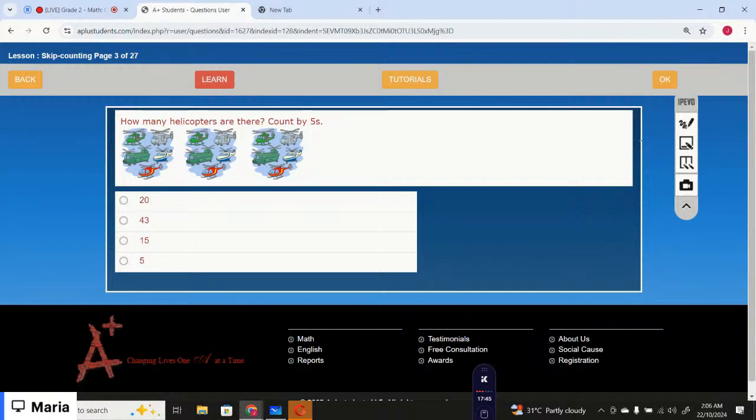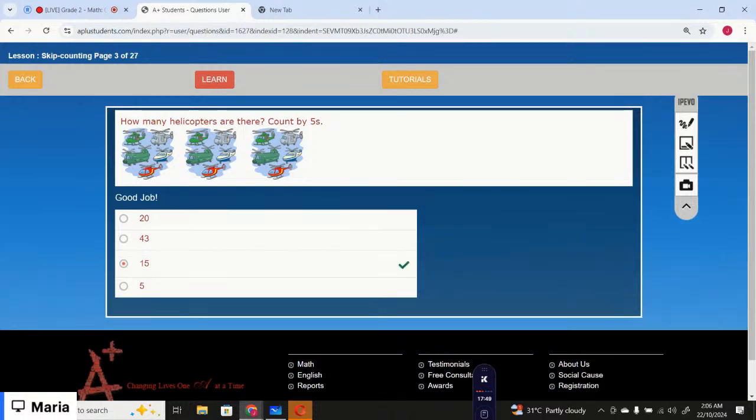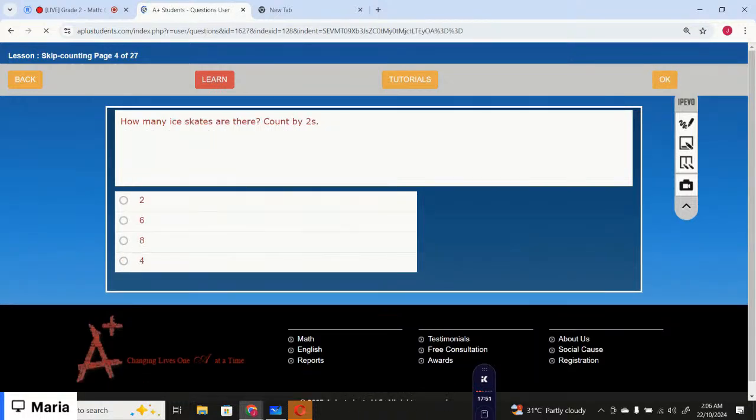When you count by 5, that is 5, 10, and 15. So, they are 15. Very good. The next one is how many ice skates are there? Count by 2's. So, which is the correct option?